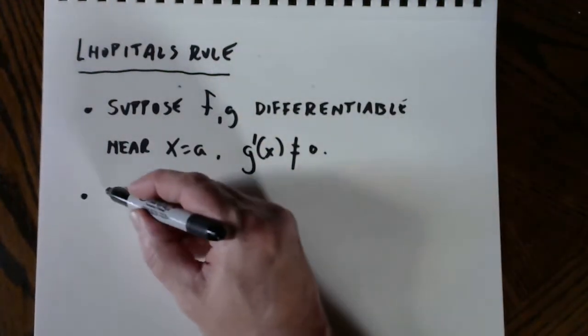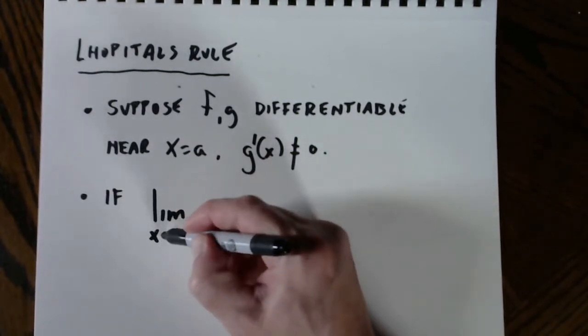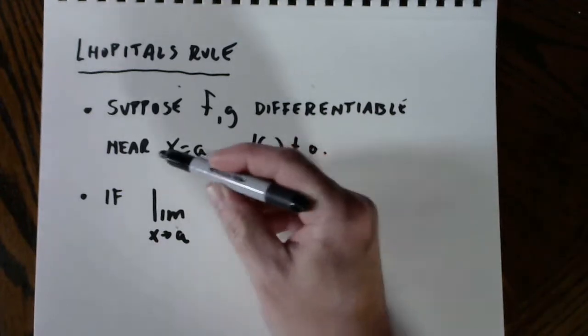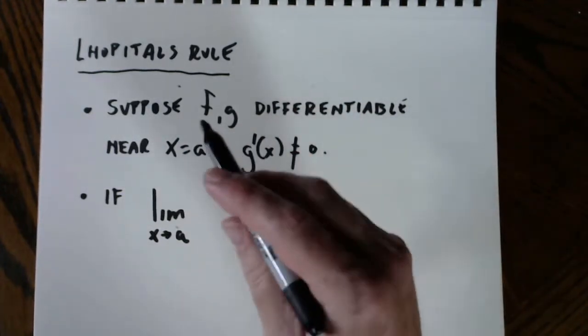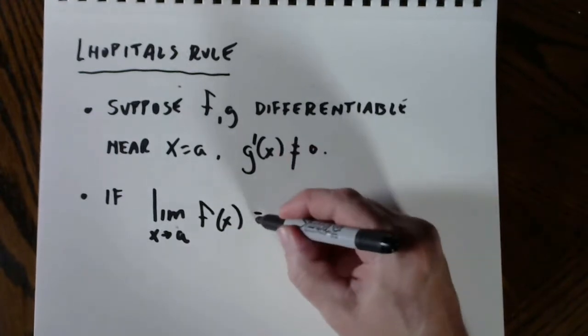So the rule states that if, and let me write it out and I'll talk about it. We're going to take the limit as x approaches this value. I might have to do this on two pages.